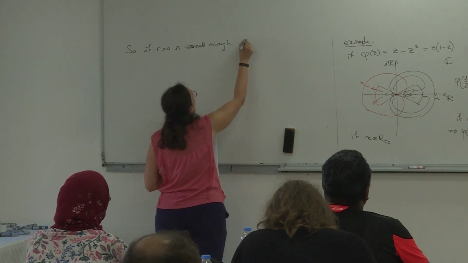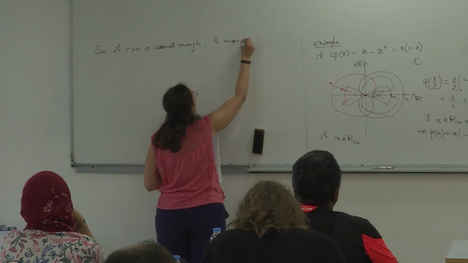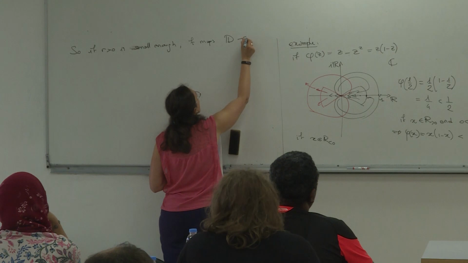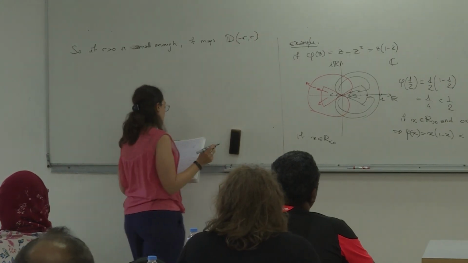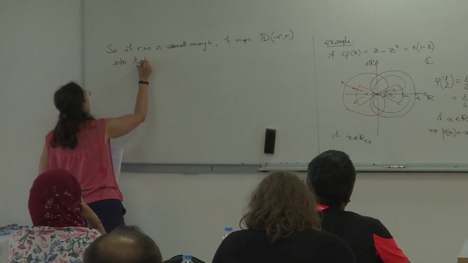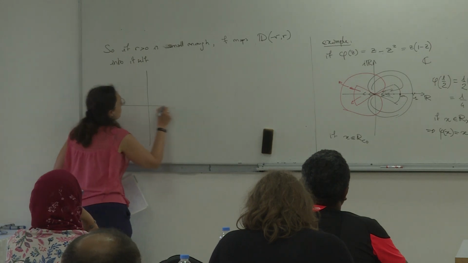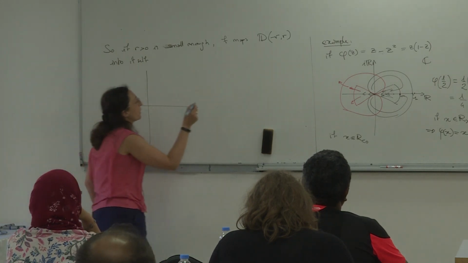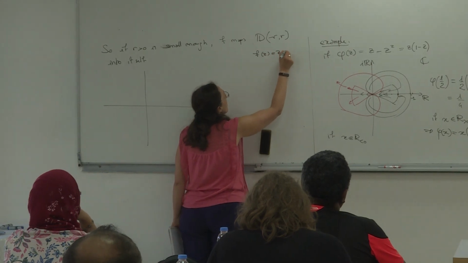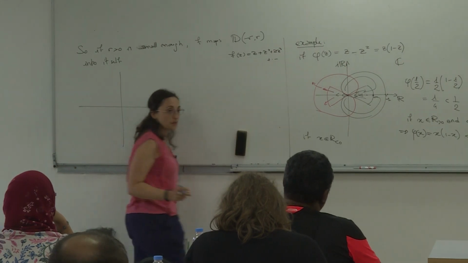Yes, f maps the disk, the disk of center minus r and radius r, into itself. Actually, what we're going to have is the following. Remember, our f is of the form z plus z squared plus a z cubed plus other terms.